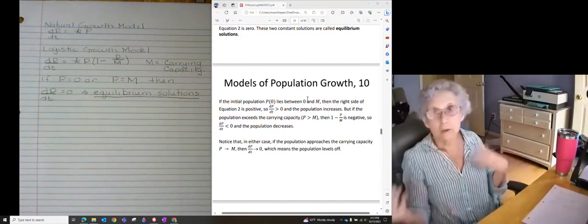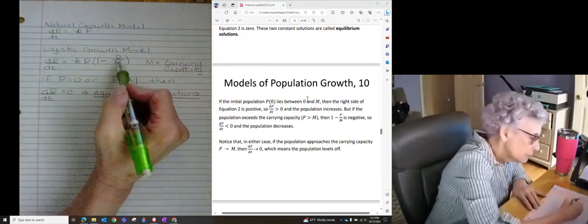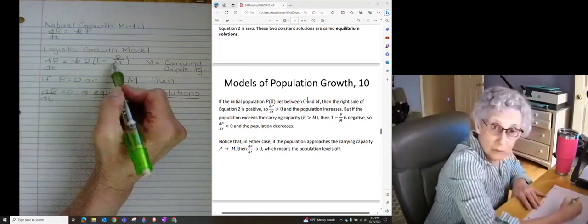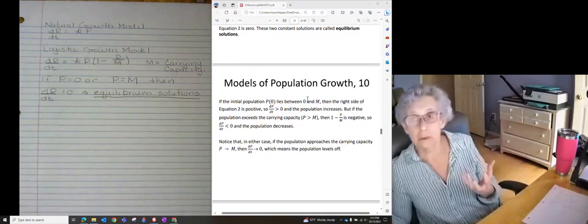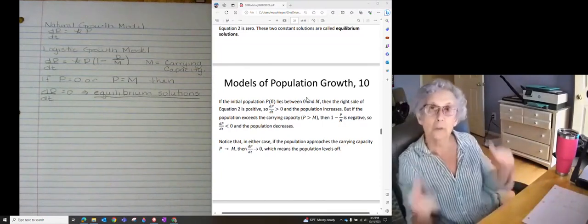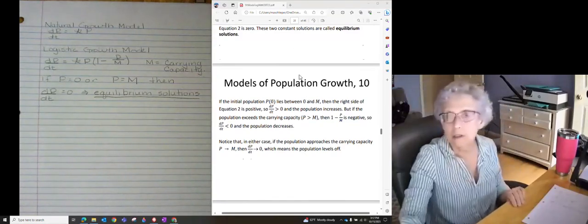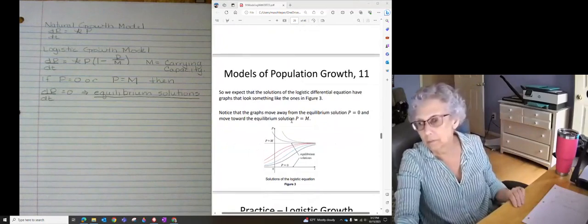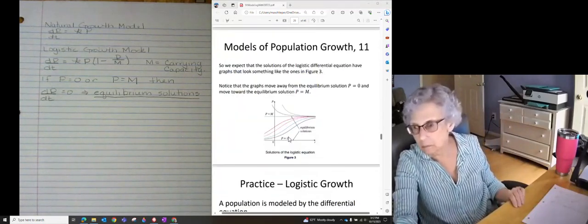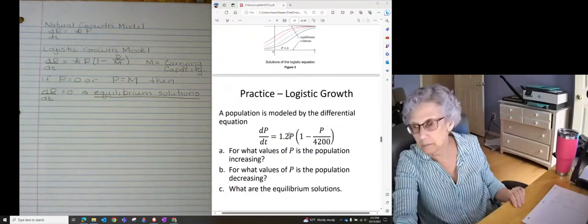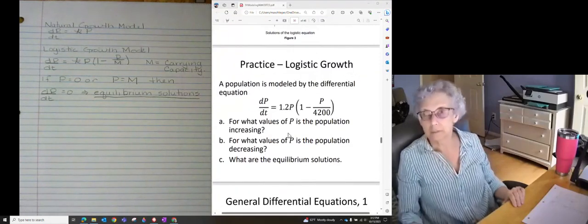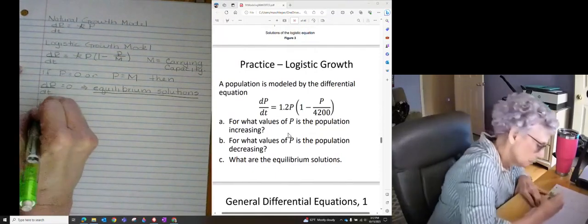If P is greater than M, then P over M would be bigger than 1, and you would be decreasing. Either way, your population is trying its best to get to M. It looks something like this. So, let's look at a practice.